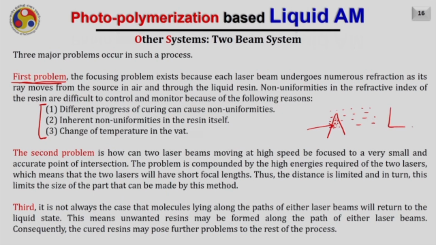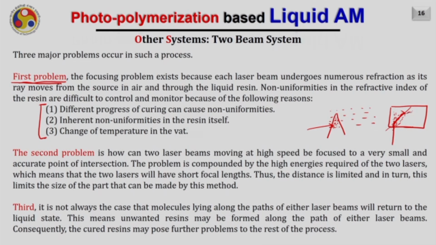Hence, you are assuming that first of all, the laser is going from the air to the liquid. It will definitely not go in the same line. It will refract away, right? Depending on the index. Again, as the molecules in this region are getting excited, the laser may not really go in this line. It may further get deviated.